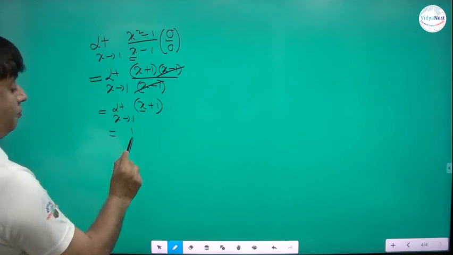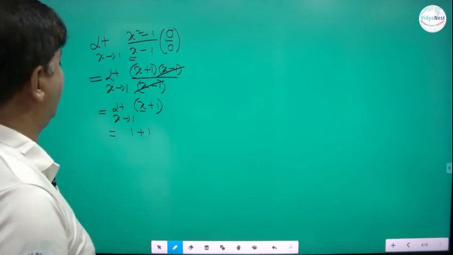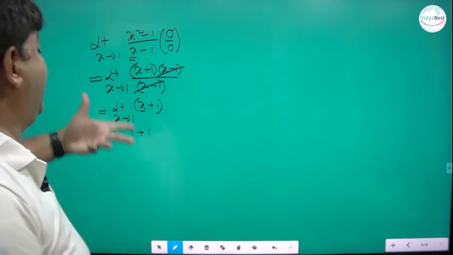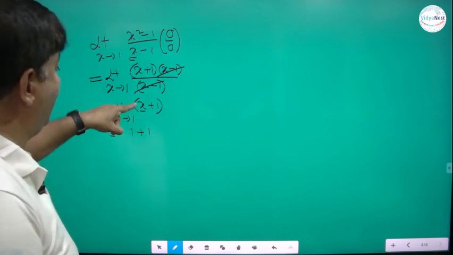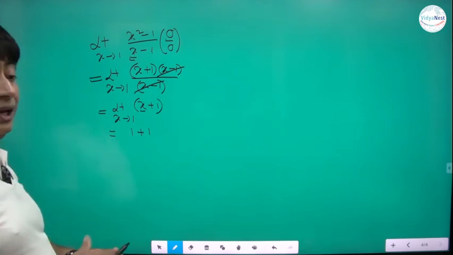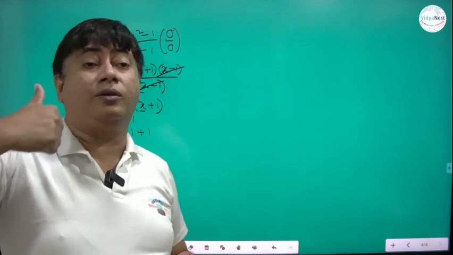Now, you can put x is equal to 1, subject to the matter that whether you are getting a finite value or not. Yes, if I put x is equal to 1, I am getting a finite value. Then you can ask me where that method is discussed, x not equal to 1.